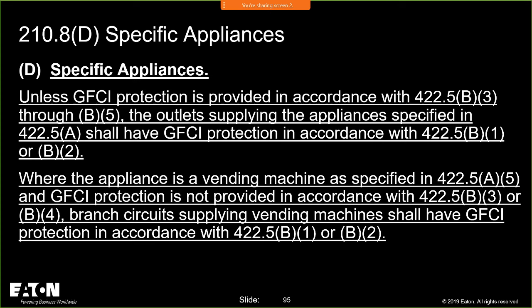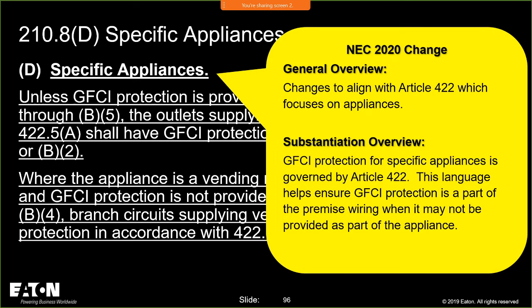I think both 422.5(B) and 210.8(D) still need work in the 2023 cycle. Stay tuned, but this is the language. We're just trying to drive alignment. If you buy an appliance and it has GFCI in the cord or as part of the requirement, then you don't need to put it in the branch circuit.